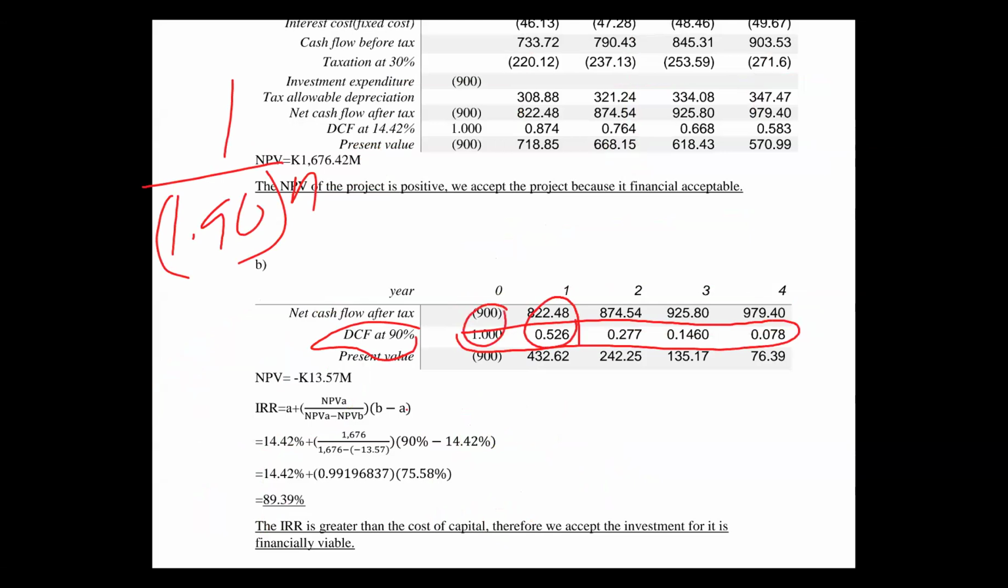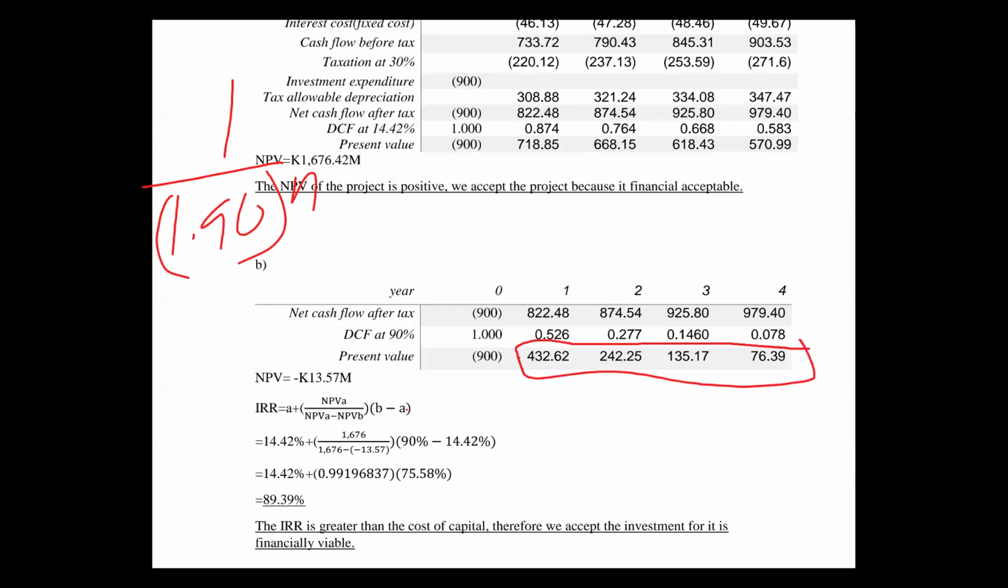Multiply them by the cash flows, then you have these present values. Add the present values and deduct the 900 million. Then you have the NPV that is negative. In short, you can increase it, but there is no standard; it's fine, keep on increasing until you find a negative. Understand? Then you have found a negative NPV.